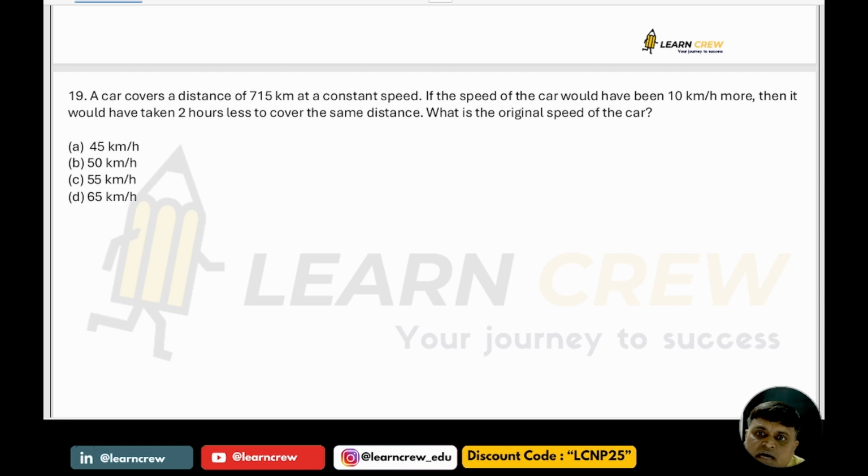So what is the original speed of the car? So it is nothing but 715 by actual speed, 715 by s plus 10. So the time taken in the first case with the normal speed, and the time taken when the speed is increased by 10 kilometers per hour, the difference is 2 hours.